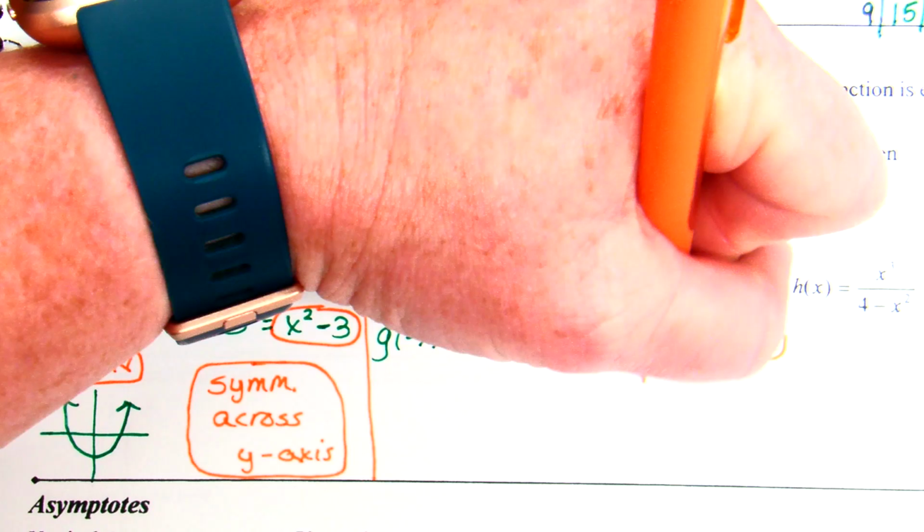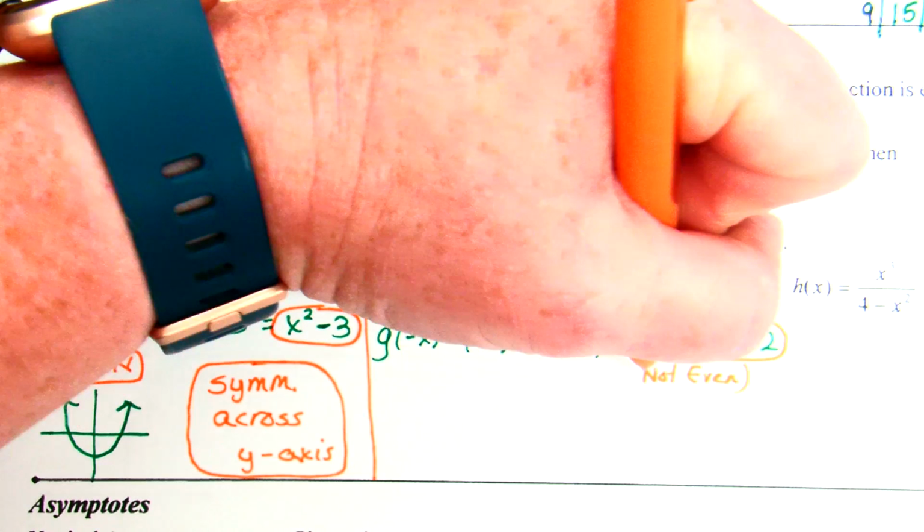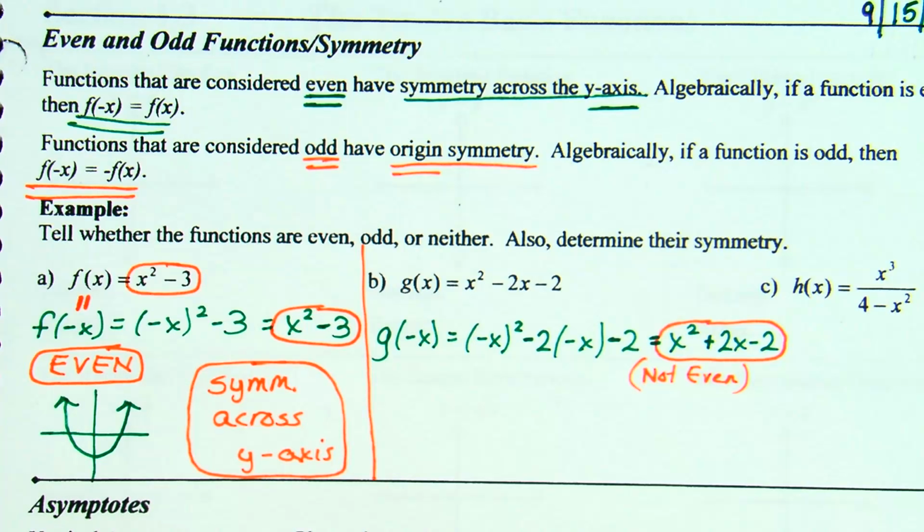So at this point, my brain is thinking, okay, I know it's not even. And the reason I say I don't know about odd yet is because technically a function doesn't have to be odd or even. It could be odd, even, or neither. Okay? So now, because that wasn't equal, g of x does not equal g of negative x.